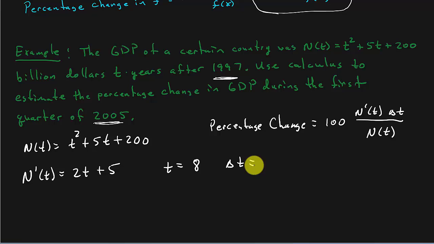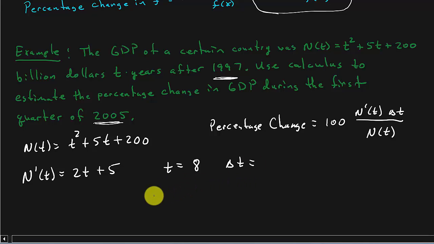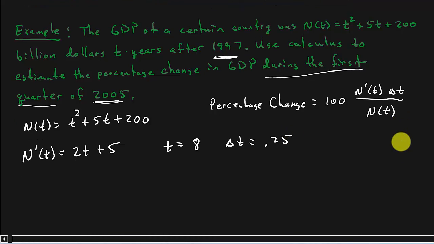That would give us the 8 years, but it's the first quarter, during the first quarter of 2005. So delta t, we would have an additional 0.25.